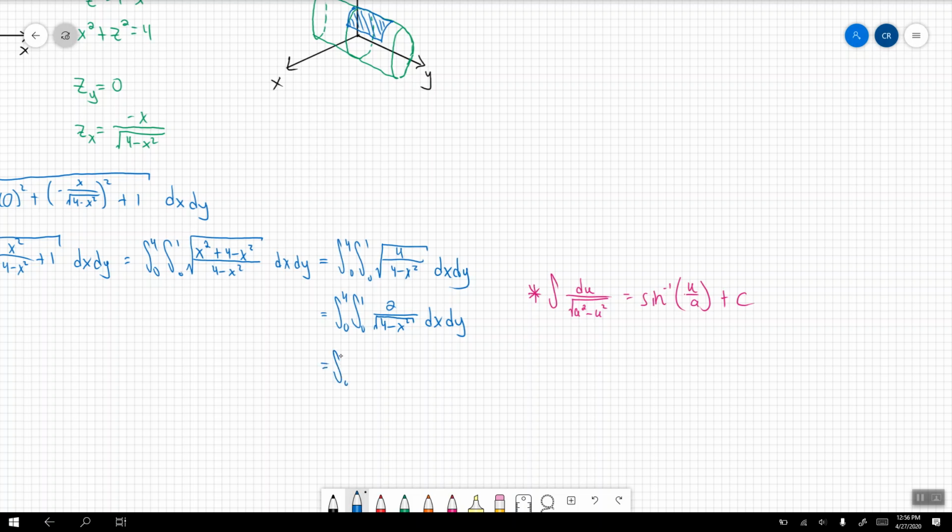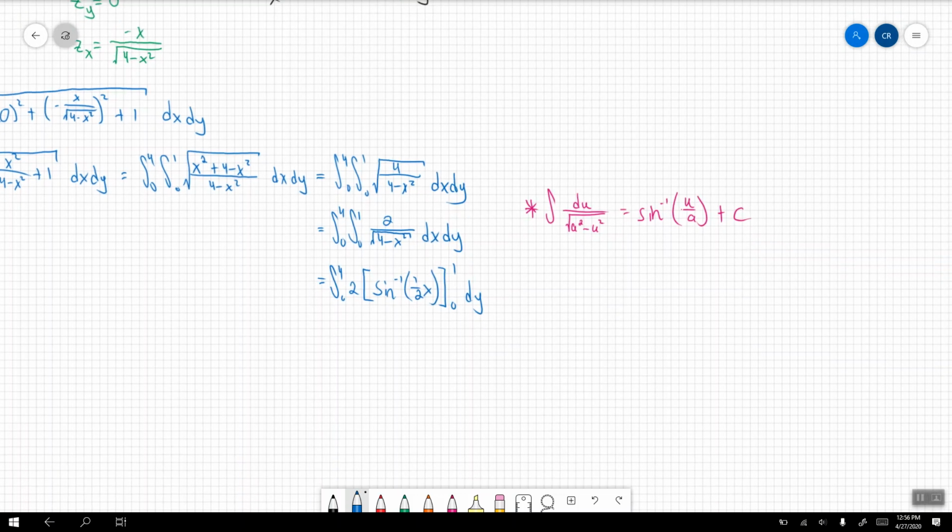Which means the innermost integral should be 2 times sine inverse of 1/2 x, evaluated from 0 to 1, and that's going to come with dy.